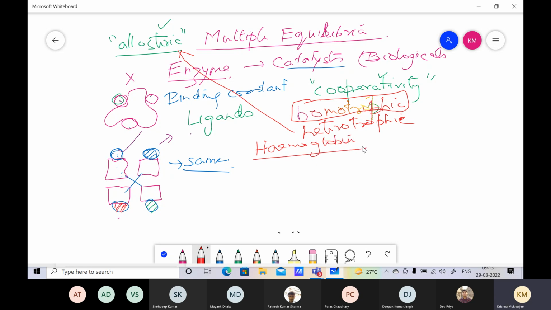This ability to bind and to release oxygen is one of the most important parameters which impact on life. I am sure you've heard of hemoglobin and you've heard of the Hill equation. Have all of you heard of the Hill equation?